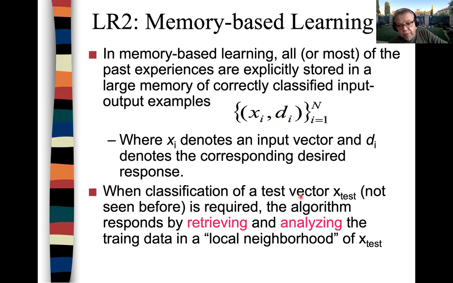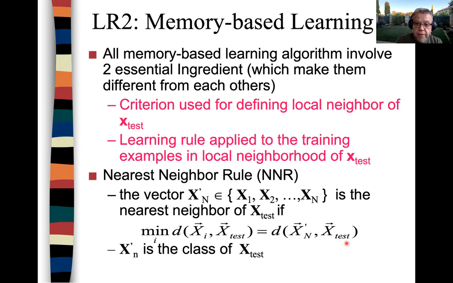So when classification of a test vector X test not seen before is required, the algorithm responds by retrieving, so it's a retrieval approach, and analyzing the training data in a local neighborhood of X test. So it looks for Trento in that multidimensional feature space, and it looks for the local neighbors of X test.